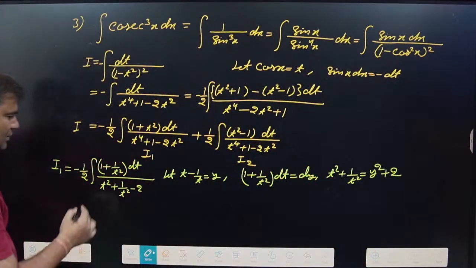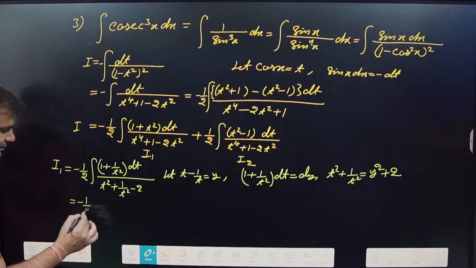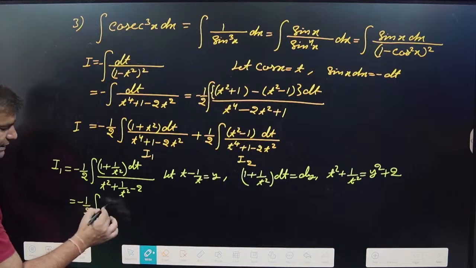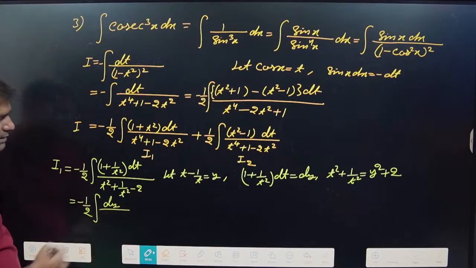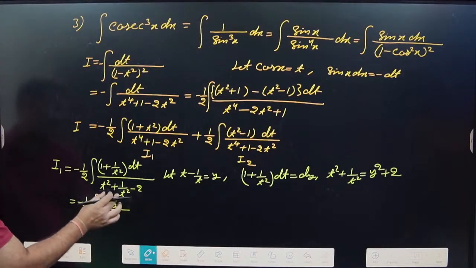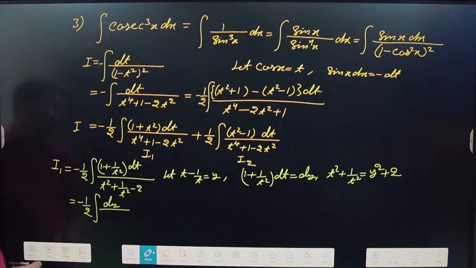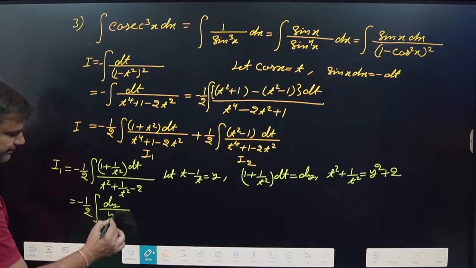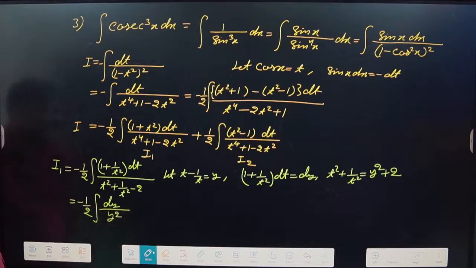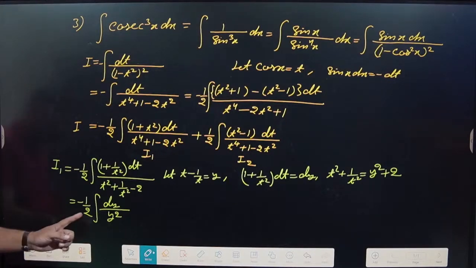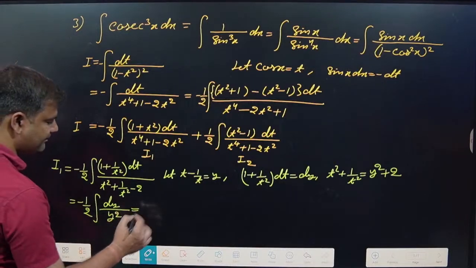So this is written as minus half into dy divided by y square plus 1. Okay, so simply, the integral of 1 over y square plus 1 is basically tan inverse y.